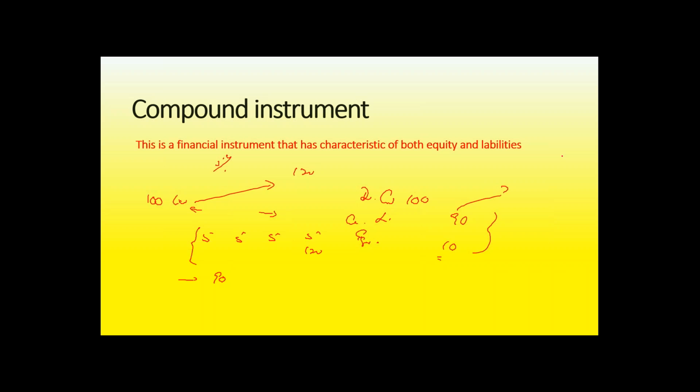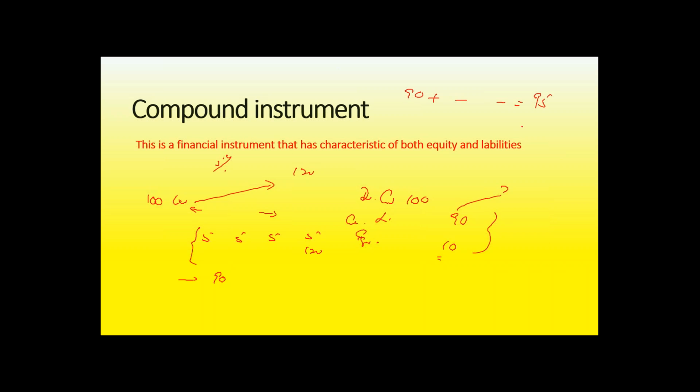For the loan component, just like what we did earlier on the 90, they will add the effective rate and deduct the coupon rate, and it will appear maybe at 95 next year.